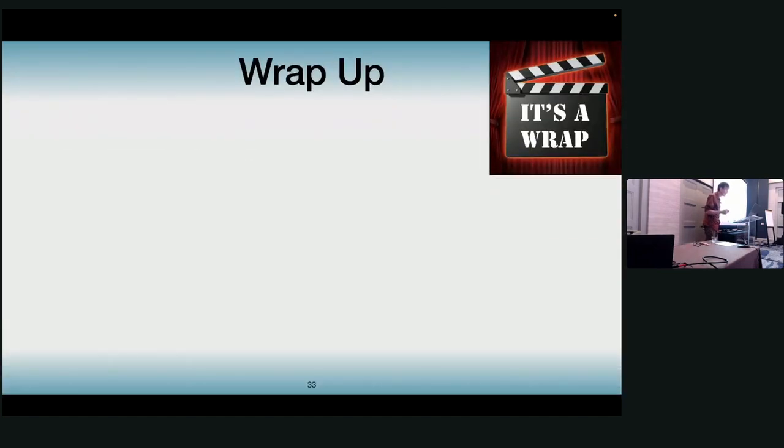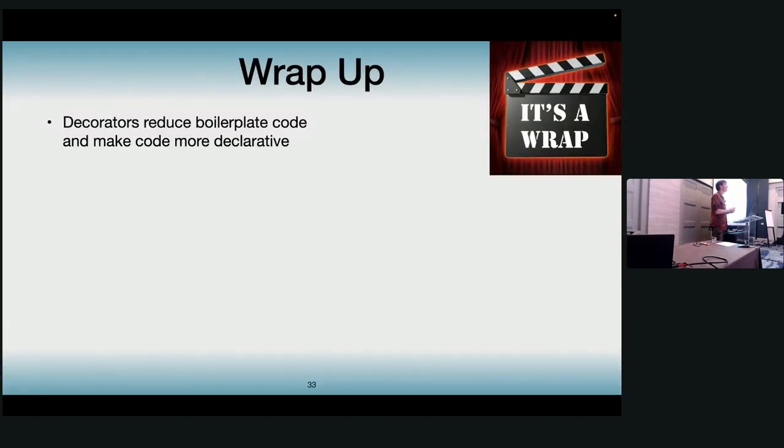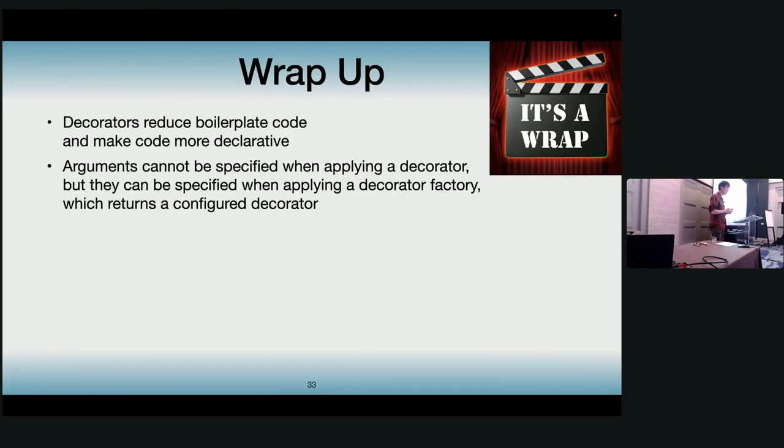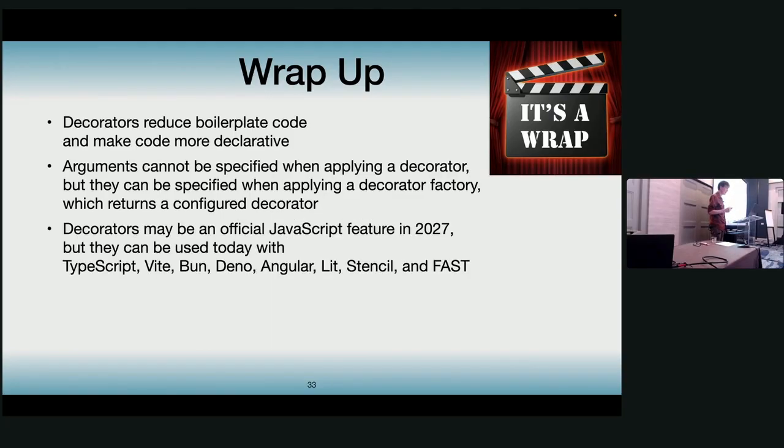Okay, so to wrap this up, decorators can reduce a lot of boilerplate in your code, and they make your code more declarative. You're specifying with the name of a decorator that I want this thing to happen. I'm not telling you how it's going to happen. It's just make this happen on this target. I can't pass arguments to a decorator, but I can write a decorator factory that returns a decorator function that's already configured for me.